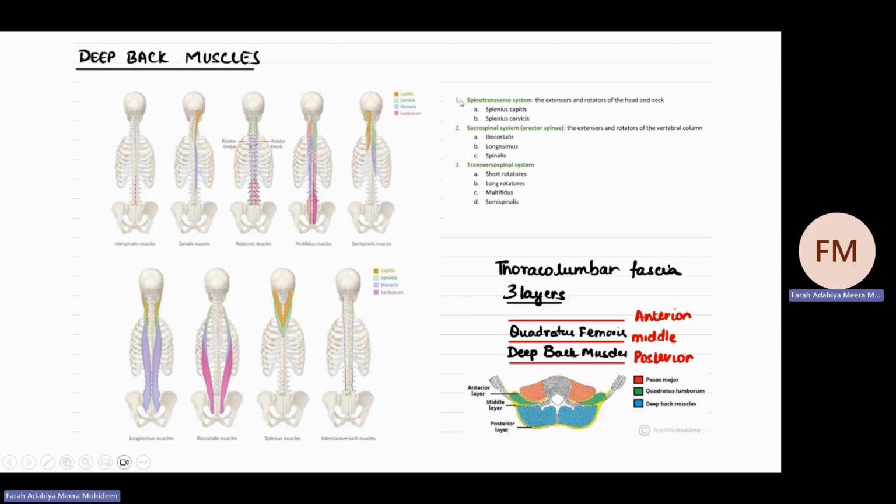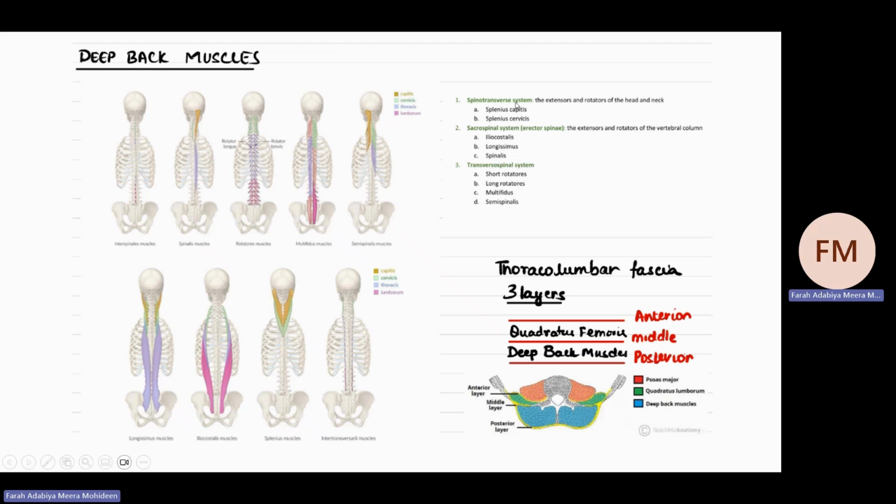Now we'll be talking about two other layers, as I said, the superficial and the deep layer of your deep back muscles. First, the superficial layer of your deep back muscles, they're called spinotransverse system because they basically originate from the spinous processes of your vertebra and they insert into the transverse processes of your vertebra.